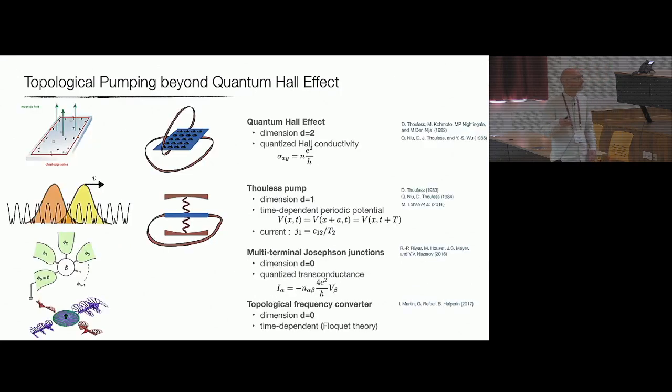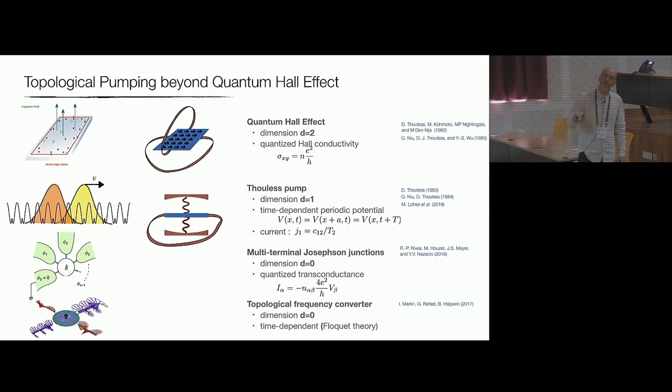Now you can apply this idea to a series of systems that share the same physical properties. So the quantum Hall effect, and then a Thouless pump. A Thouless pump is a one-dimensional system that you drive in time at a given frequency, and you then induce a velocity for the wave function. So you induce a current if you connect this system to an electrical circuit.